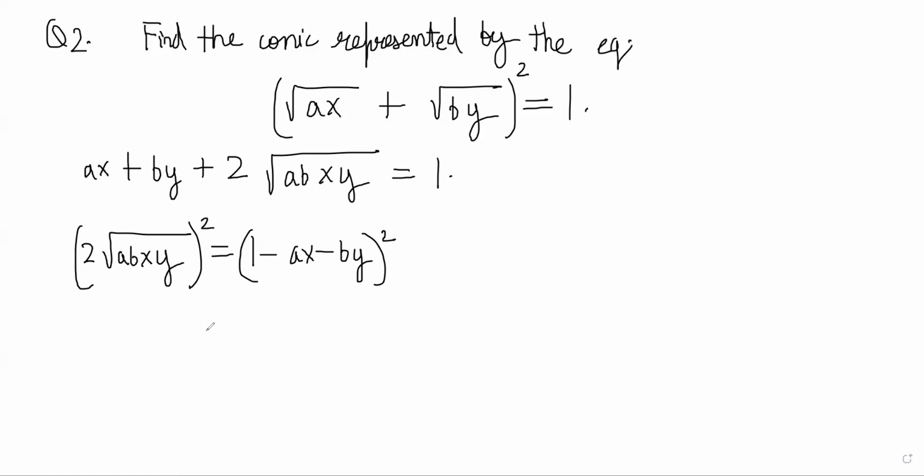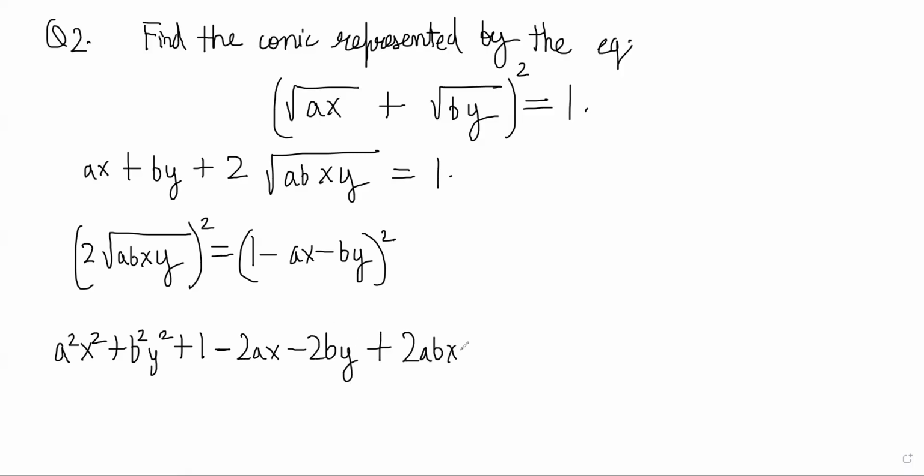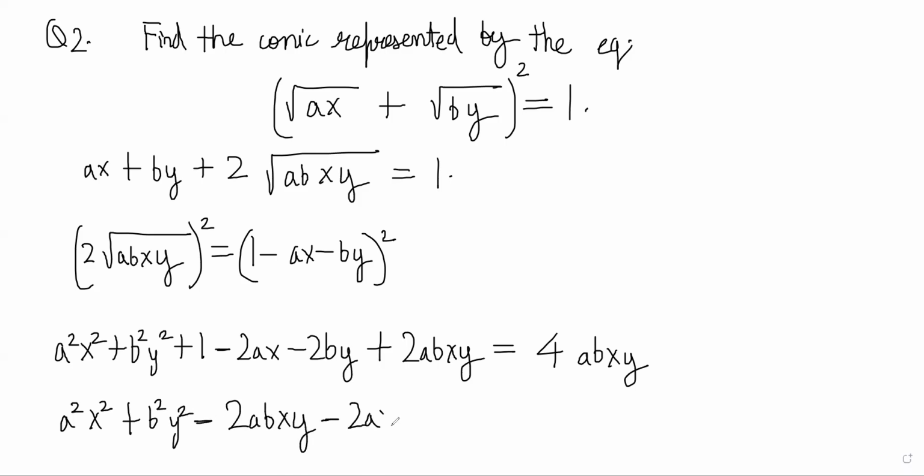If I square this thing, I will get a square x square plus b square y square plus 1 minus 2ax minus 2by plus 2abxy is equal to 4abxy, right? So finally, the equation on bringing everything to one side, I'm getting a square x square plus b square y square minus 2abxy minus 2ax minus 2by plus 1 equals 0, right?